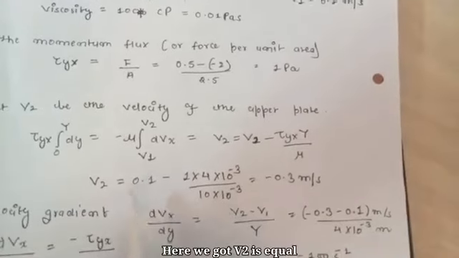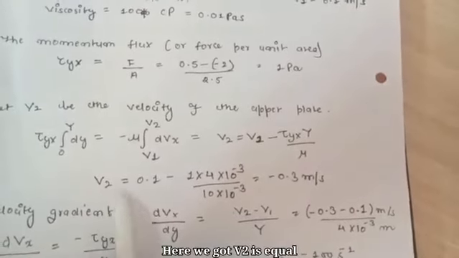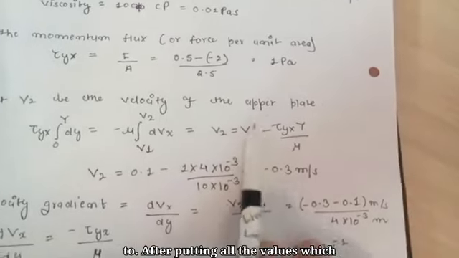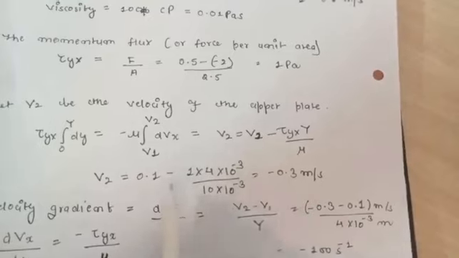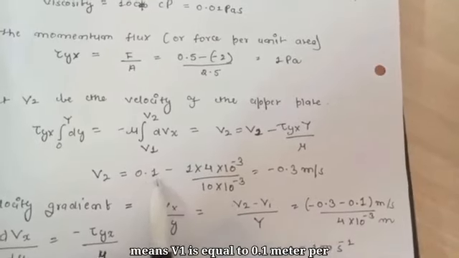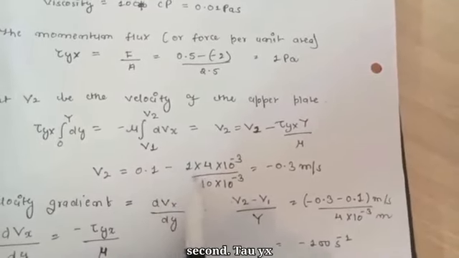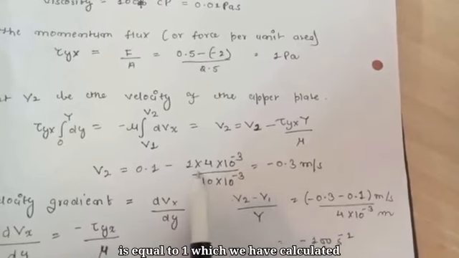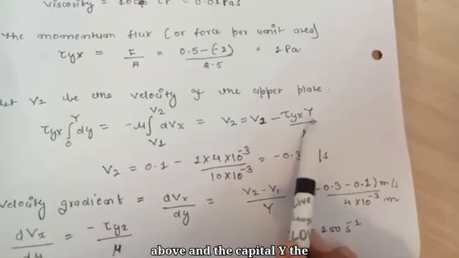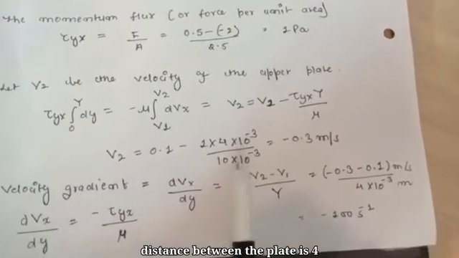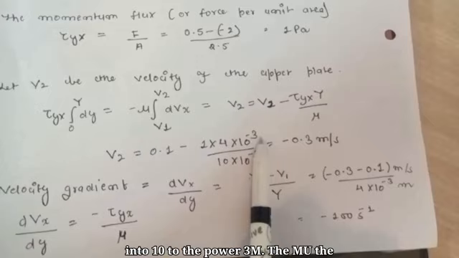So, here we get v2 after putting all the values given in the question: v1 is 0.1 meter per second, minus tau yx, which is 1, as we calculated above, and capital Y, the distance between the plates, is 4 into 10 to the power minus 3 meter.